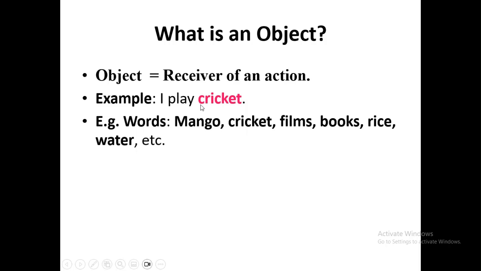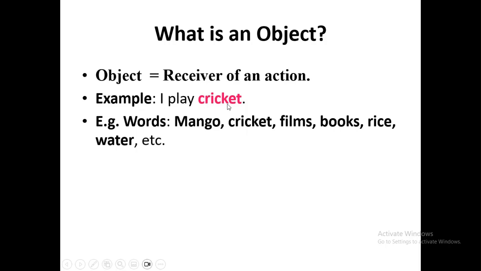If a word is at the end of a sentence, or if it is receiving some action, then that particular word is called an object.